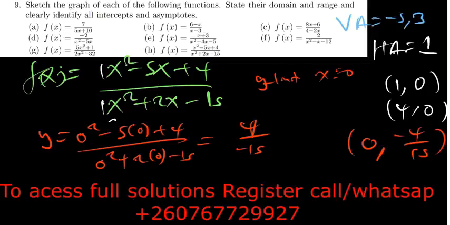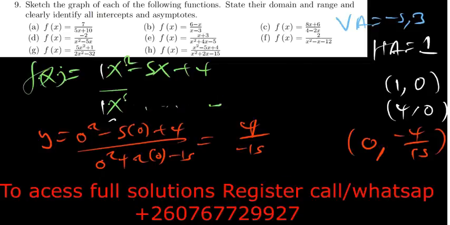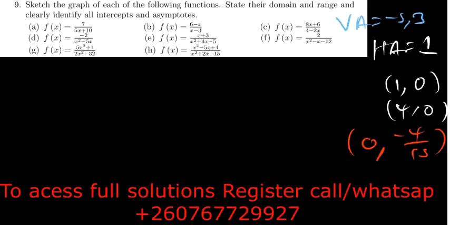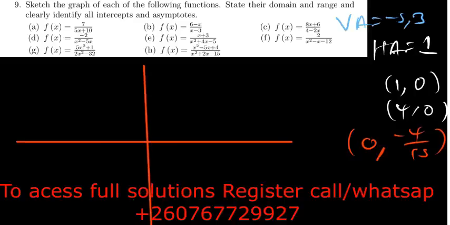Then I can have my graph here, which is going to be like this. My vertical asymptote is at negative 5.